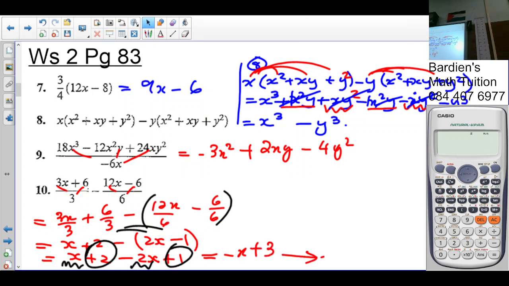Not the O, it's an x. Any confusion here? No?